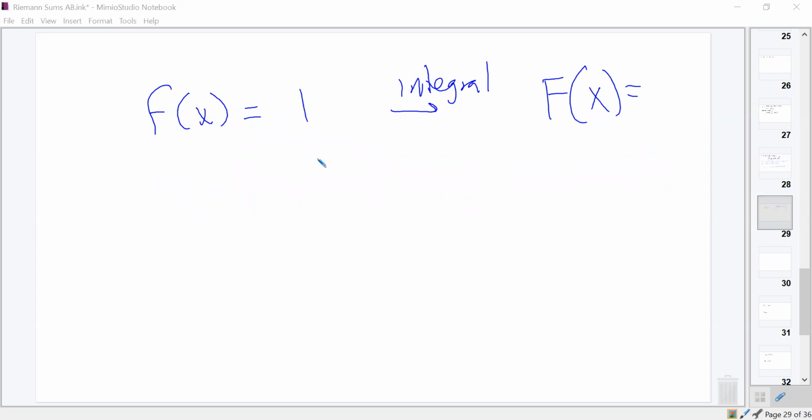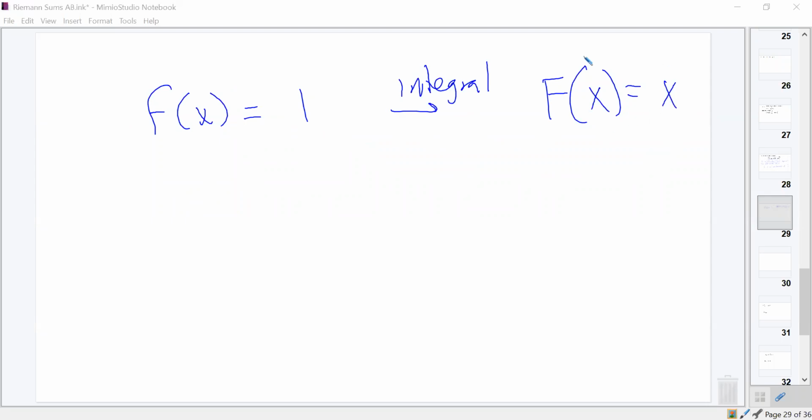Yes. Perfect, okay. So we're going to make an example of a simple function here with little f of x equal to 1. So we should be able to figure out what the integral of that is. The integral of little f of x equal to 1 should just be capital F of x equal to x, or at least x is one function that could be an antiderivative of 1.